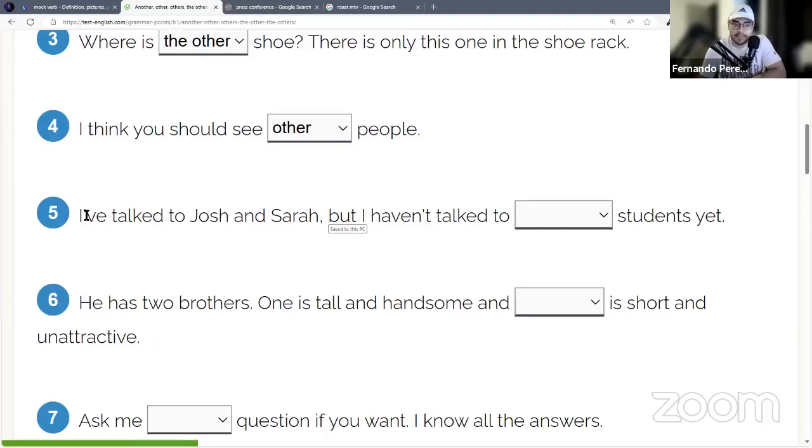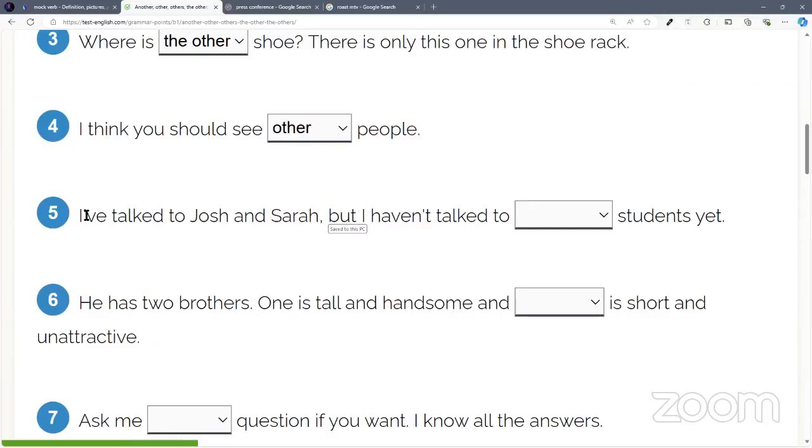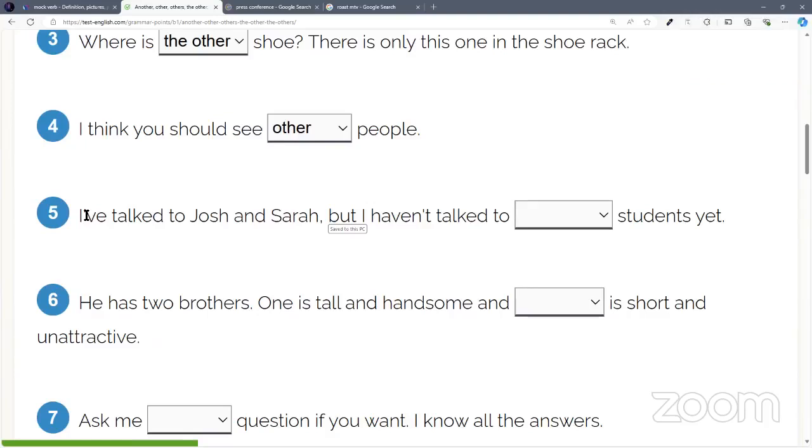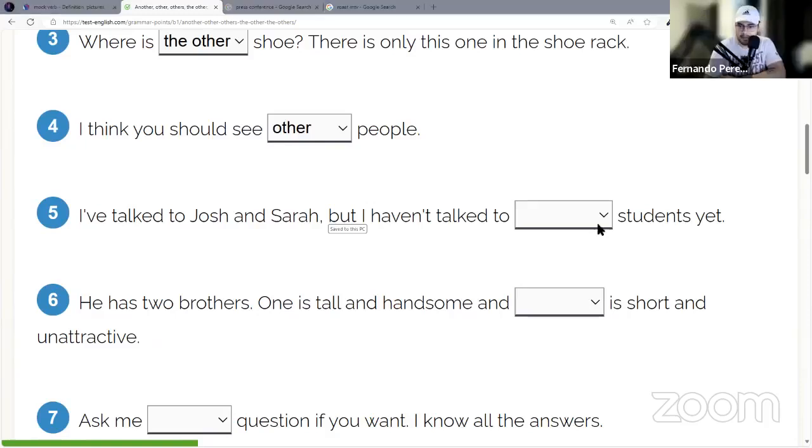Okay, Jessica's more, number 5. I've talked to George and Sarah, but I haven't talked to the other students yet. You are correct.